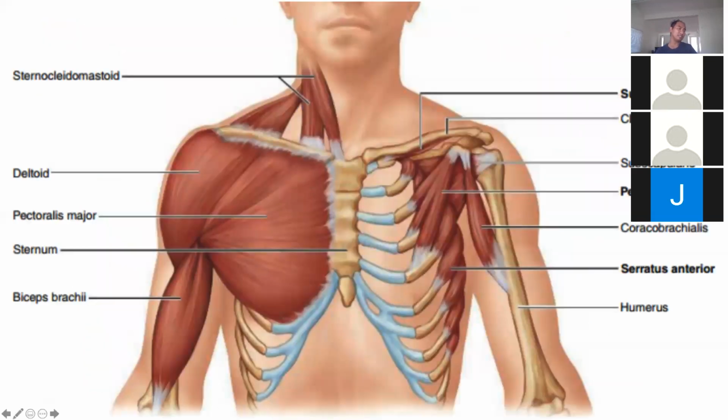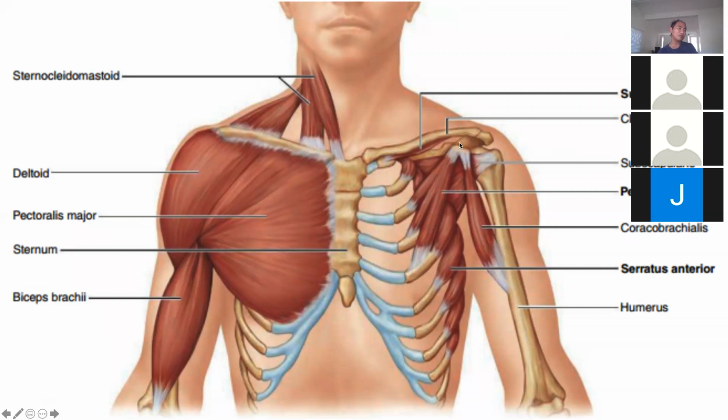Look at these muscles here. That is our pectoralis major muscle, which is on our chest. If we remove the pectoralis major, we can see the smaller muscle just underneath it. Therefore, we say pectoralis minor. Pectoralis minor is underneath the pectoralis major, attaching to the ribs and to the coracoid process of the scapula.